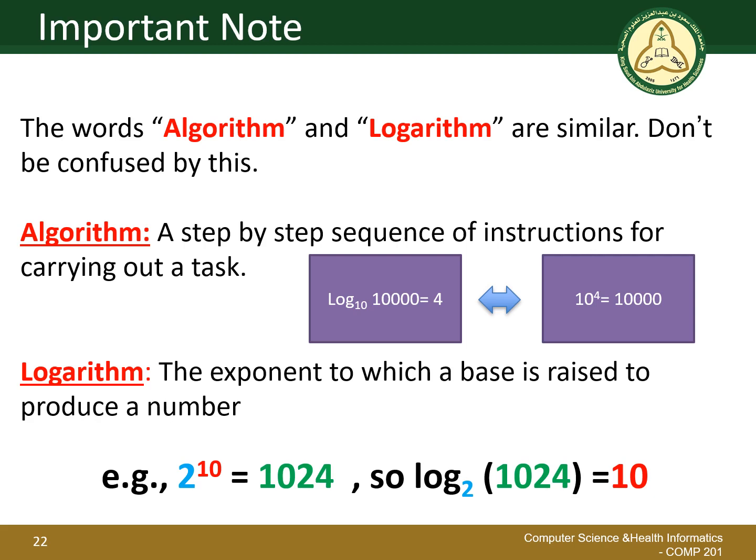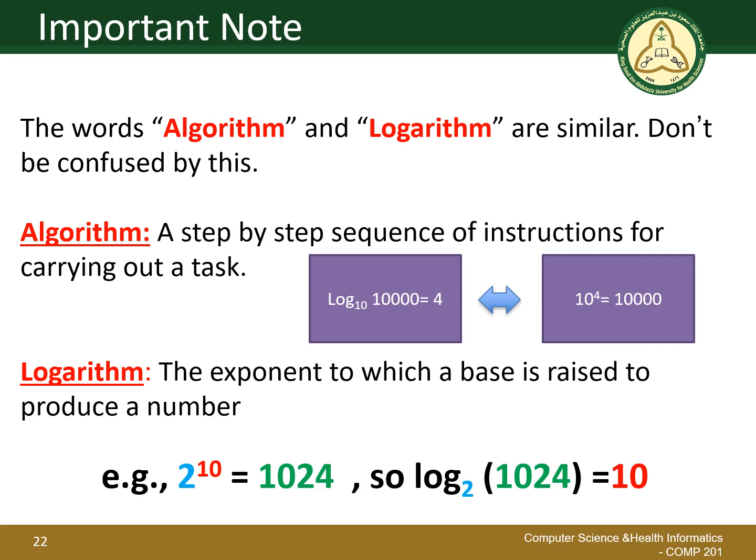Since the cost of a comparison is 2 seconds, I will need 20 seconds to solve the problem. Algorithm 1 with 1000 people needs 2000 seconds to solve the problem.